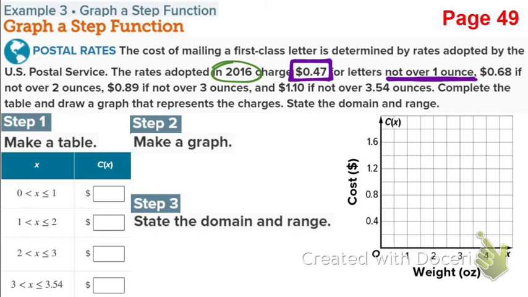No. That's literally nothing. So it has to be bigger than nothing, less than or equal to 1, and I pay how much for it? 47 cents. Let's go and graph that here. Where is 47 cents on this graph?